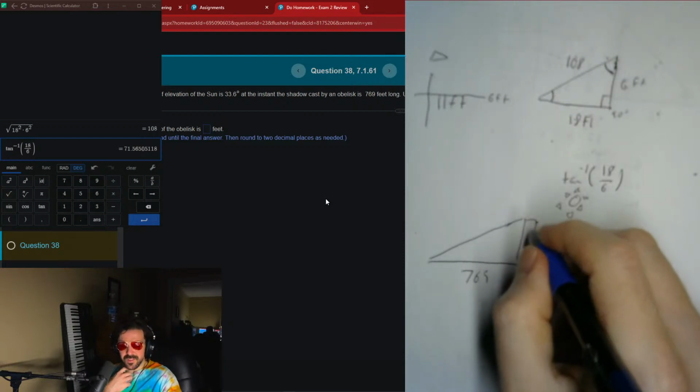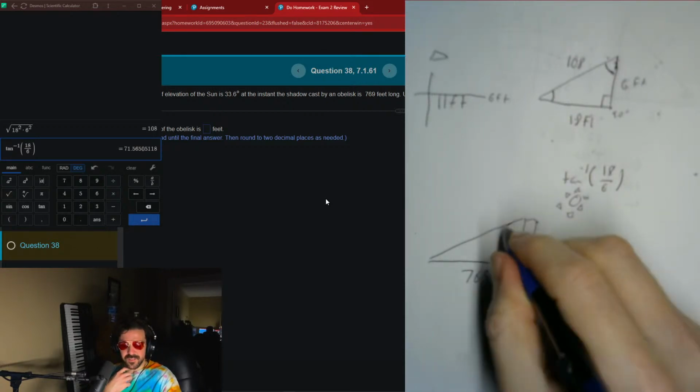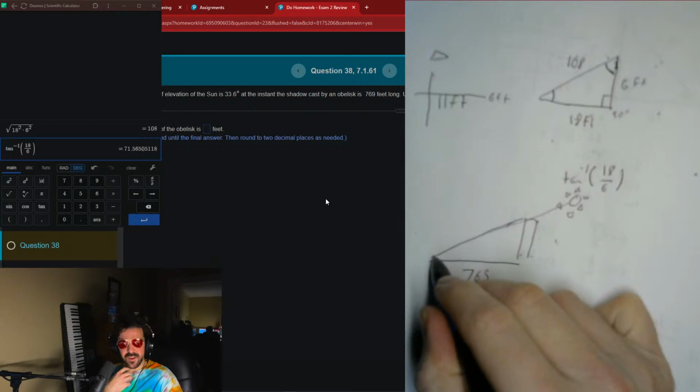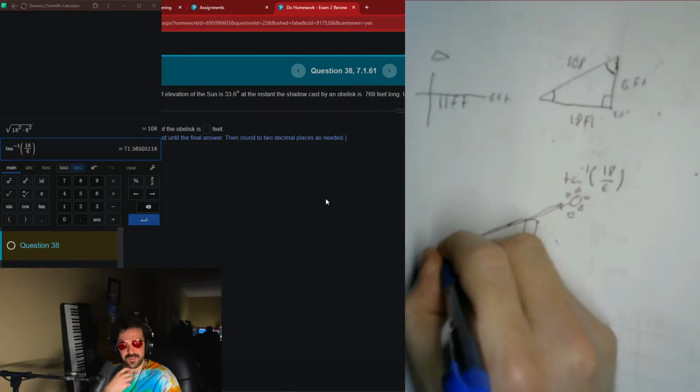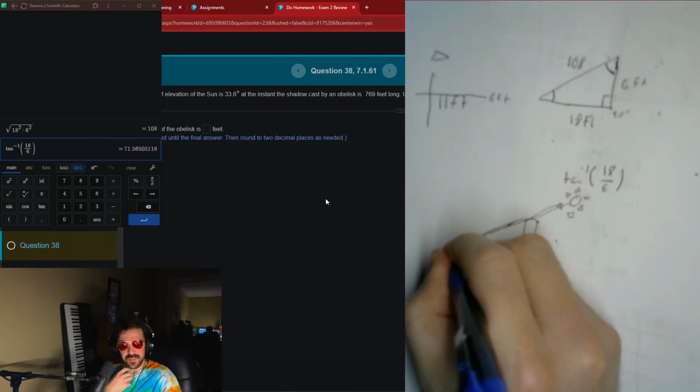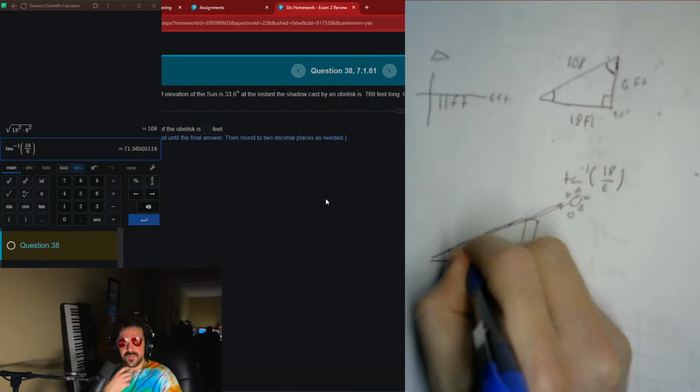There's the obelisk. There's a shadow. This is how high the sun is from the ground. It should be this angle, right? 33.6.